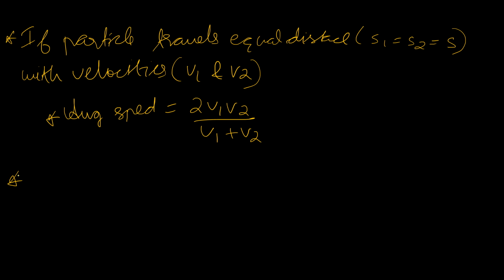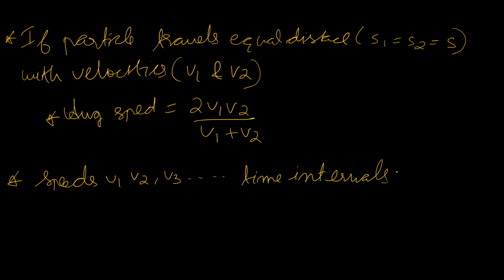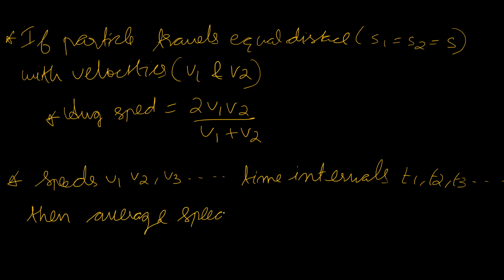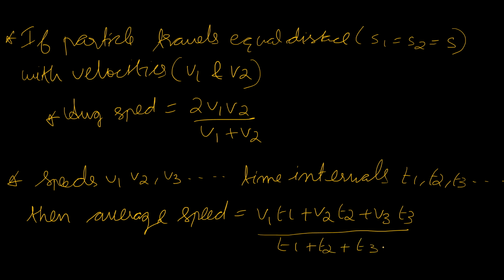Okay, another condition. If a particle travels with speeds v1, v2, v3, etc. during time intervals t1, t2, t3, etc., then average speed is equal to (v1 t1 plus v2 t2 plus v3 t3 plus etc.) divided by (t1 plus t2 plus t3 plus etc.).